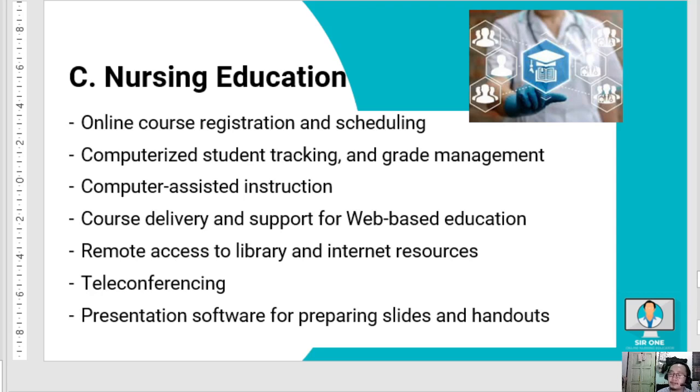Teleconferencing using the different live streaming applications. Presentation software for preparing slides and handouts.